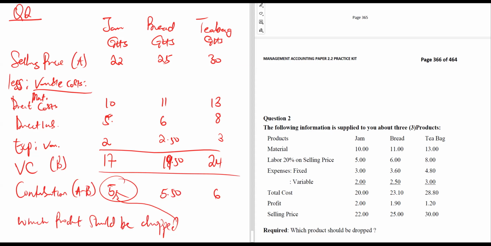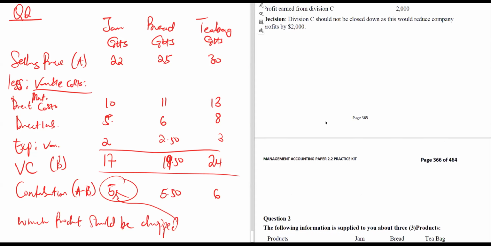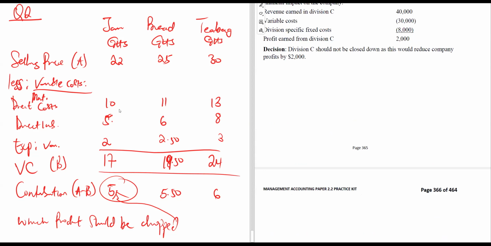So that's the least thing you should always consider. Tea bag has the highest contribution, followed by bread and jam. Jam should be dropped.